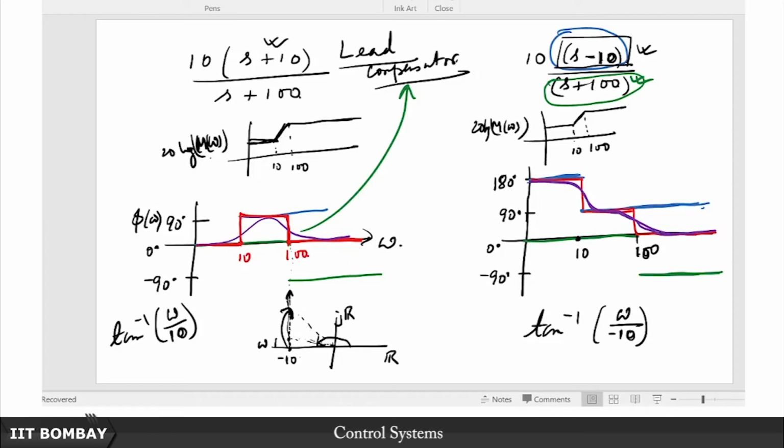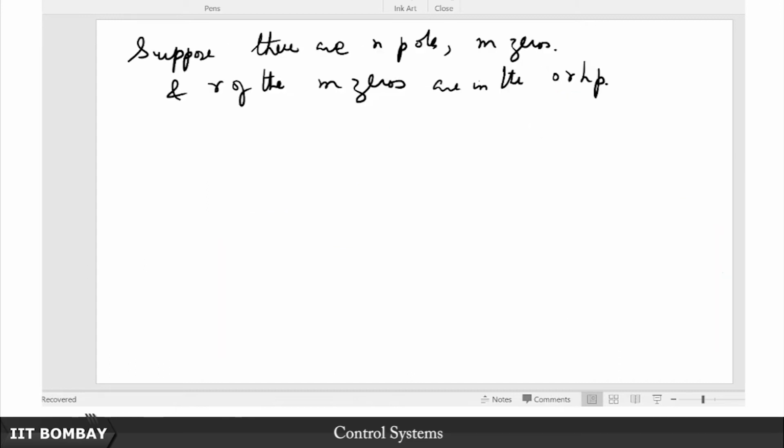But now only the minimum phase zeros behave in that fashion. We have seen that the moment we have a non-minimum phase zero, quite the contrary, it behaves like a pole insofar as the phase plot is concerned. So how many of those zeros actually behave nicely? How many zeros are there on the left half plane? m minus r open left half plane zeros, and r open right half plane zeros.